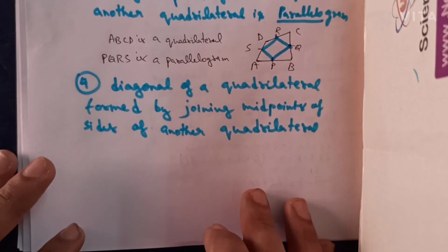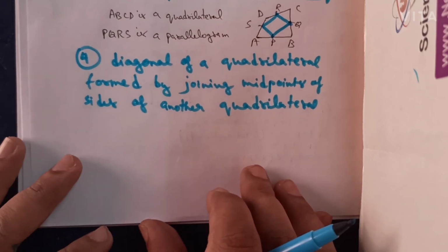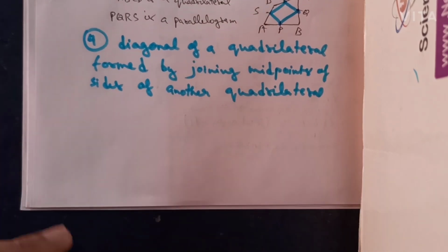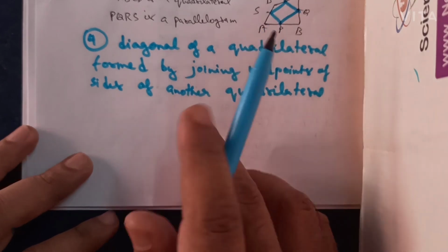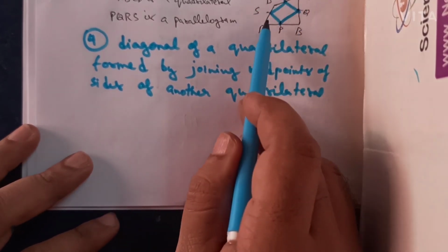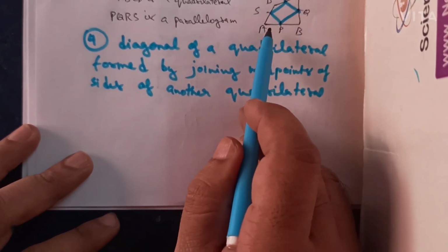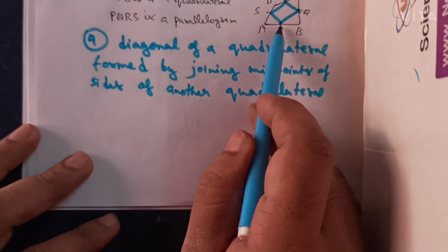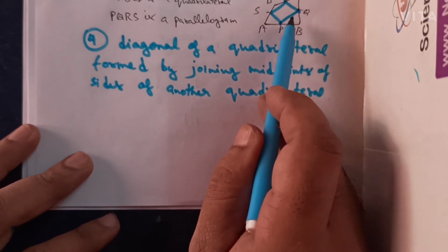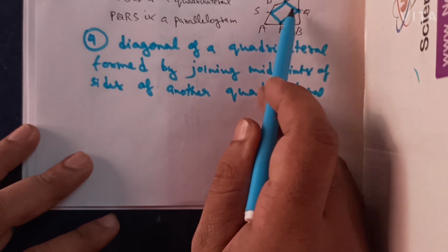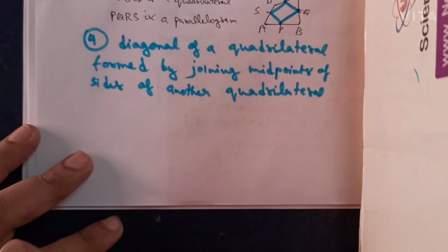The diagonals of a quadrilateral formed by joining the midpoints of sides of another quadrilateral. So here we have already seen that ABCD is a quadrilateral in which the midpoints of AB, BC, CD and DA are P, Q, R and S. So if we join PQRS, we have got a parallelogram.